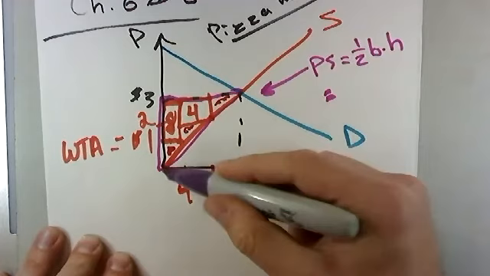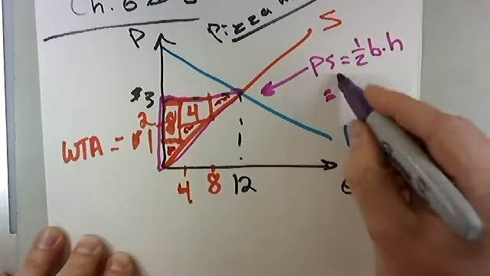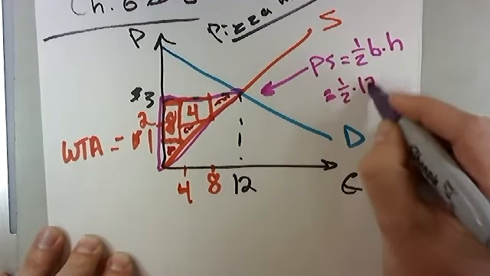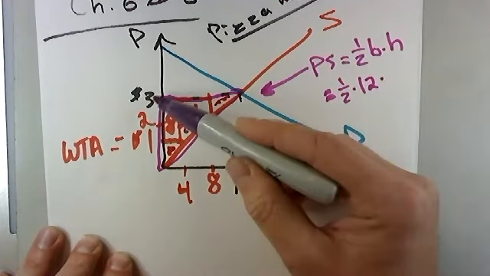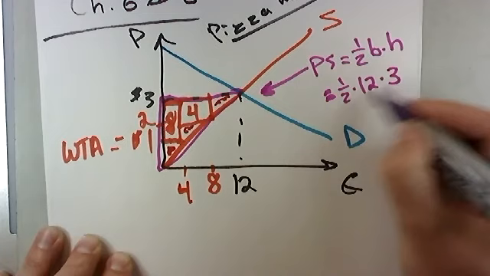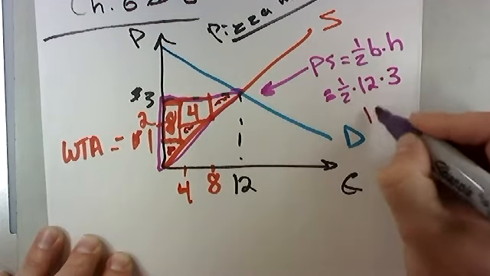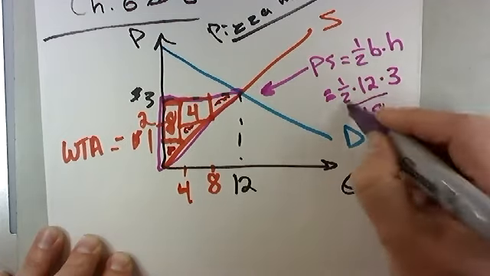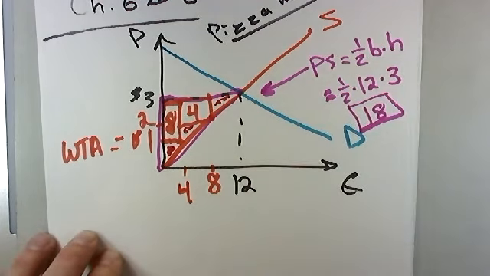The base of it is 12, right? 1/2 times 12. And then the height of it is 3 minus 0, so 3. So this is 6 times 3 is 18. We have $18 of producer surplus as a result of the existing equilibrium.